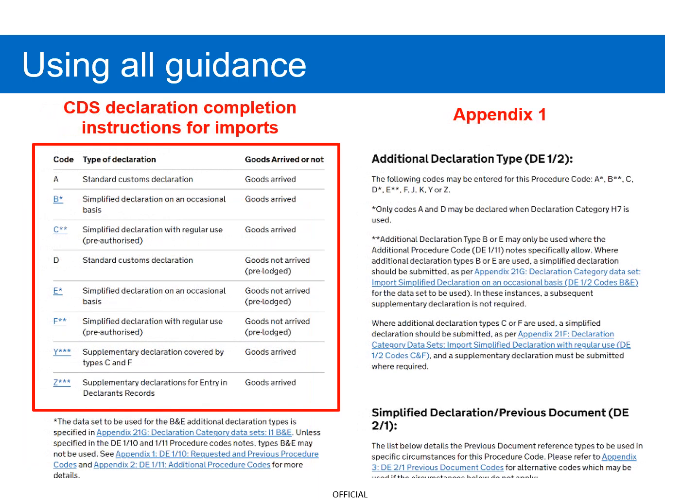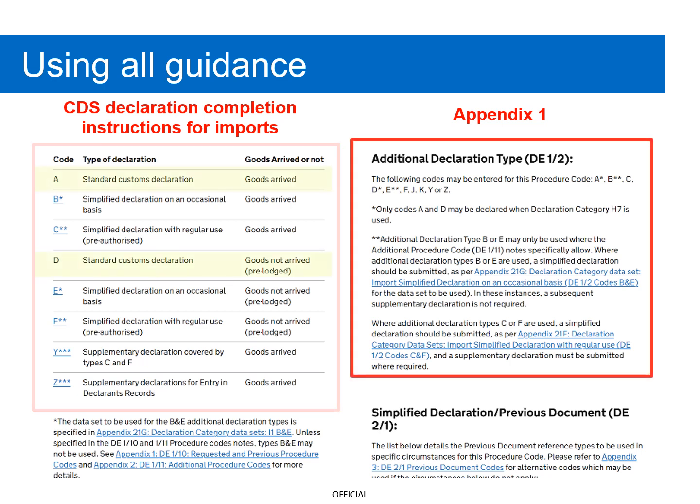On the left, Hallie scrolls down and can see the possible entries for data element 1.2. On the right, in Appendix 1, Hallie can see the valid additional declaration types possible when using Procedure Code 4000.